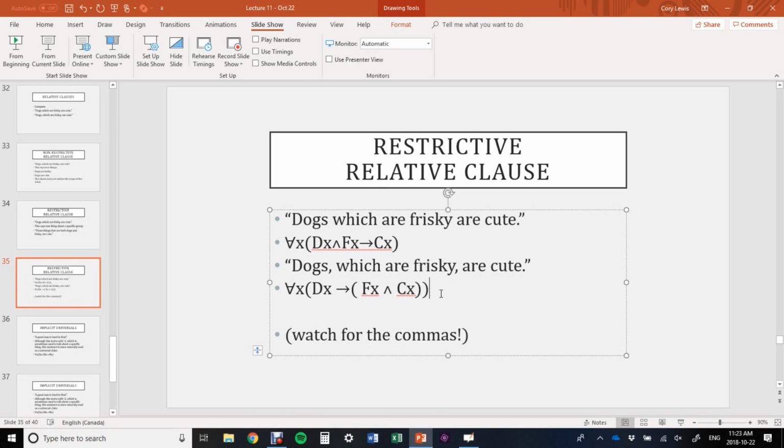Which indicates that we're either making a second claim or we're restricting our claim. The which tells you that you've got a restrictive clause. It's telling you that you don't have two things that are being asserted. So you could make a sentence that says this: dogs are frisky and cute.